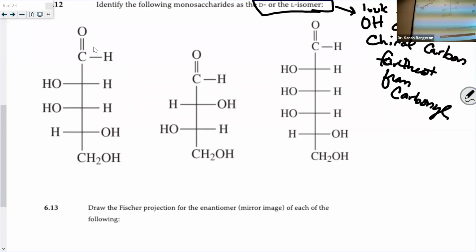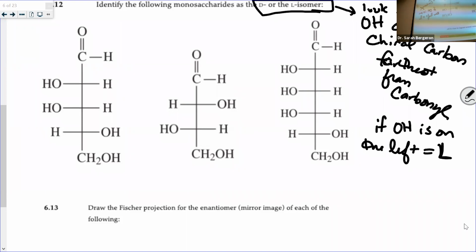All right, okay, now I'm going to look at it. If OH is on the left, what is it? It's L. Just remember that. The other one is D. Just remember, L is left.